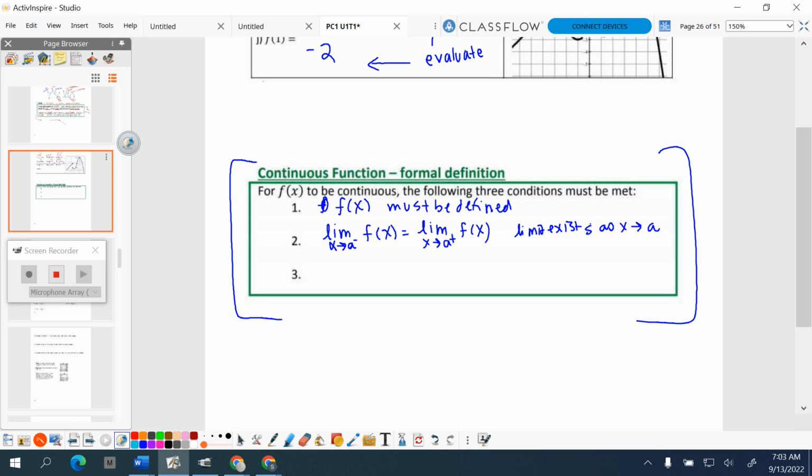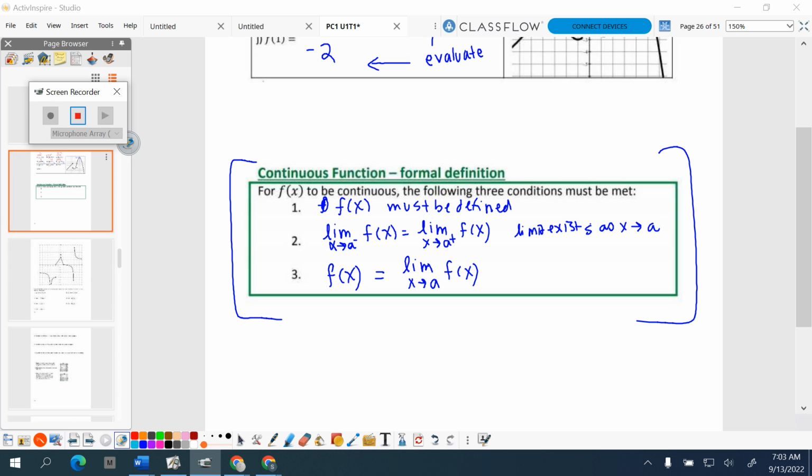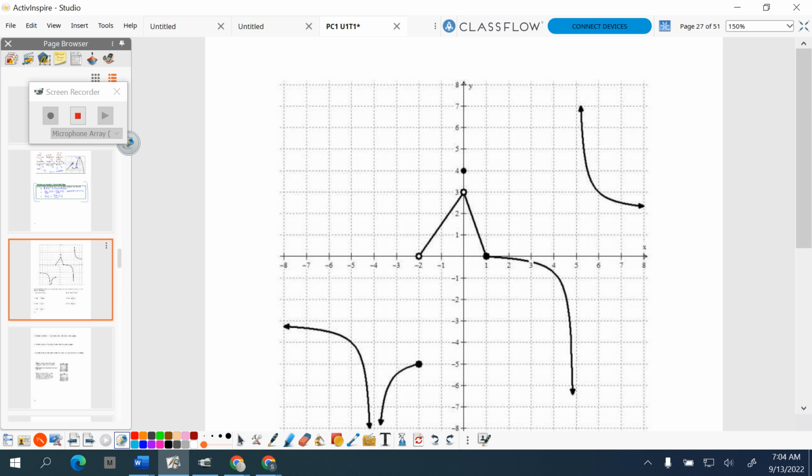Lastly, if f of x equals the limit as x approaches a of f of x, so basically, if the limit equals the defined value of f of x, it's not going to hurt you to look at that.